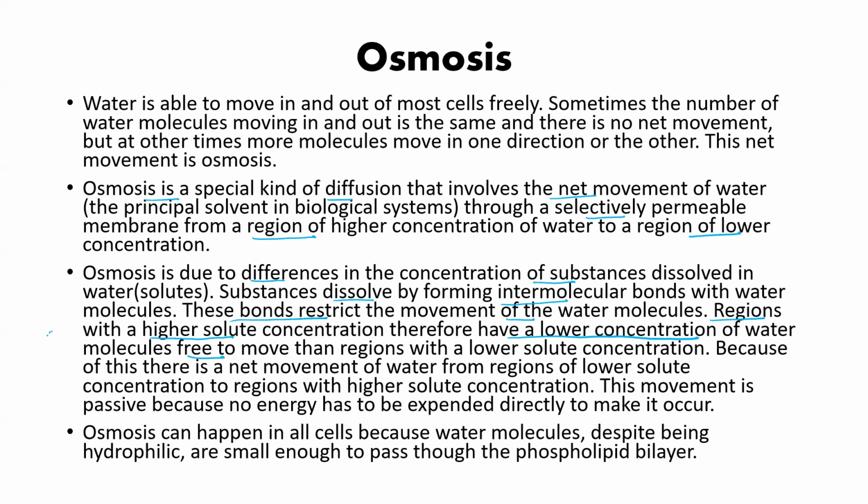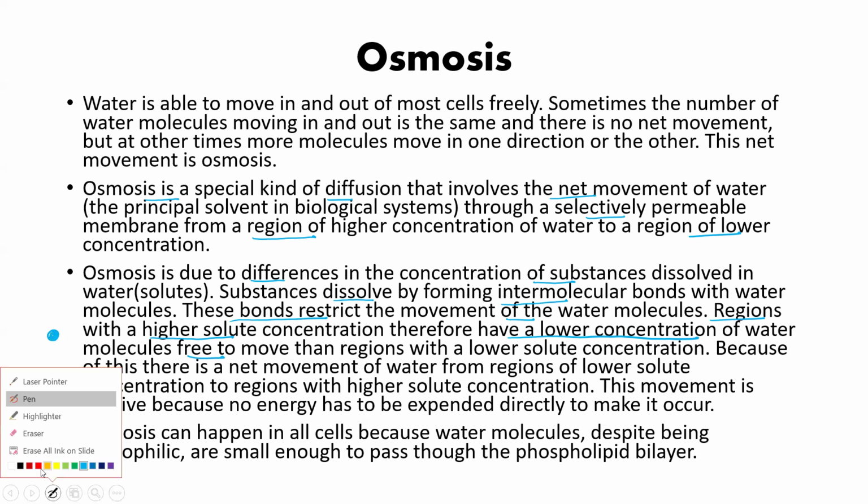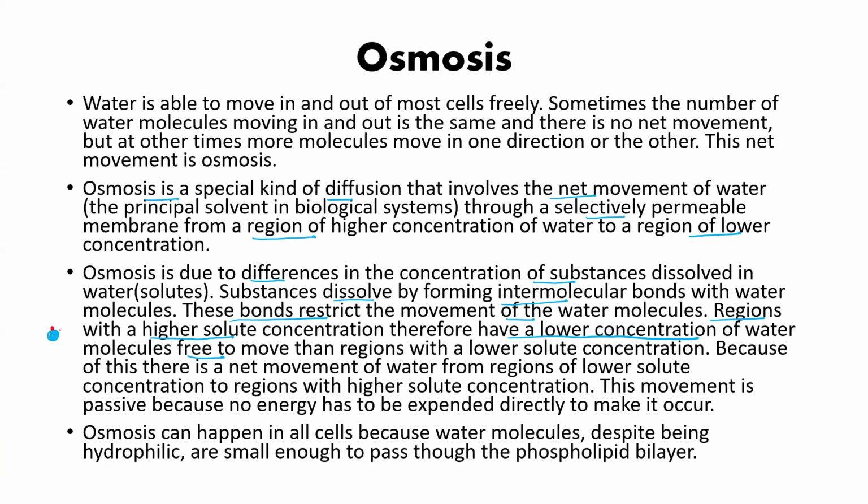Because imagine this is one solute around which, let us assume, 4 water molecules are attached with intermolecular bonds. So now these 4 water molecules are not able to move because of the intermolecular bonds. So a region with high solute concentration will have low concentration of water free to move.